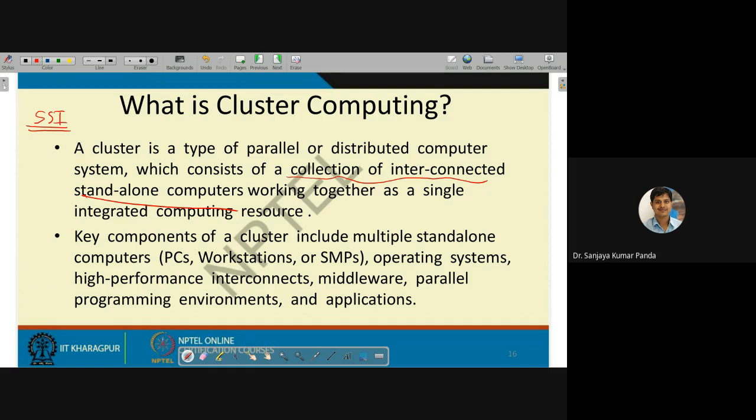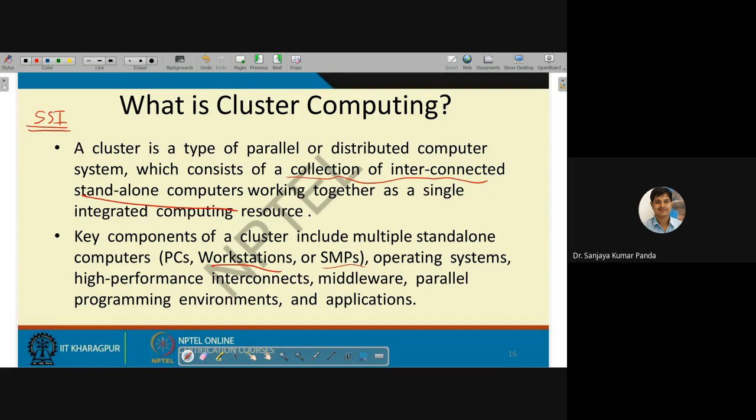So when you merge stand-alone computers, they are not only PCs. They may be workstations, they may be symmetric multiprocessors, they may be different forms, not necessarily personal computers or laptops or desktops. You can combine anything which has some processing power and storage power.